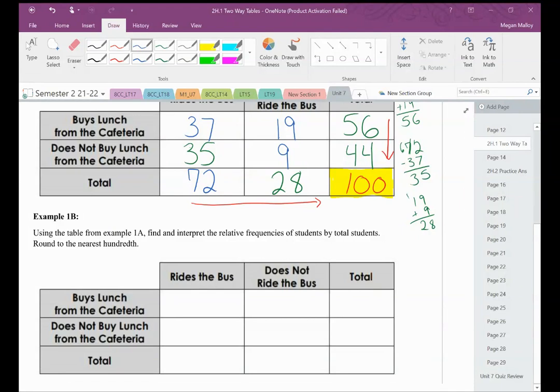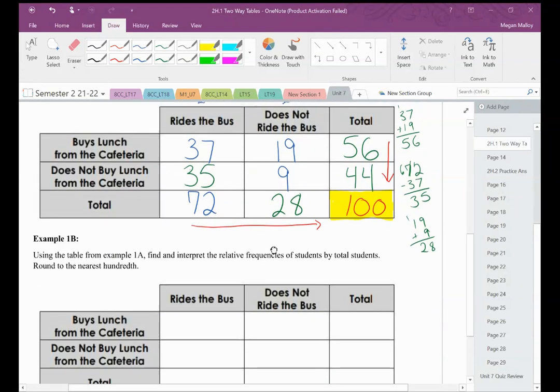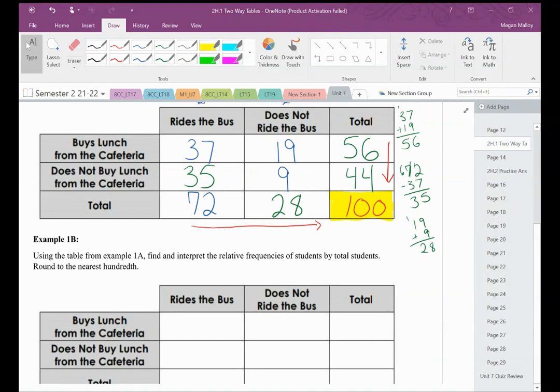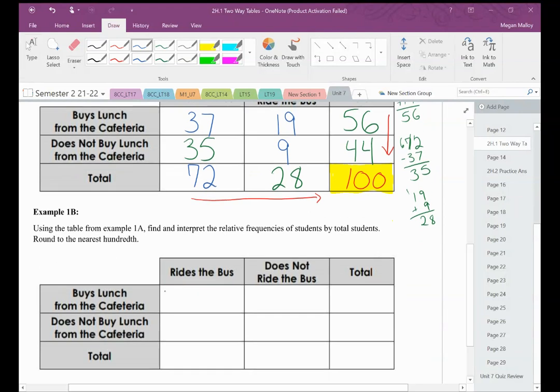So for example, students who ride the bus and buy lunch in the cafeteria, that's 37 students out of 100, which if I were to change that to a decimal, that's 0.37, which I can think of as 37%. Moving forward, just due to space, I'm only going to write the fraction and the decimal, but we can recognize how to move from the decimal to the percent in our heads from our earlier lessons.